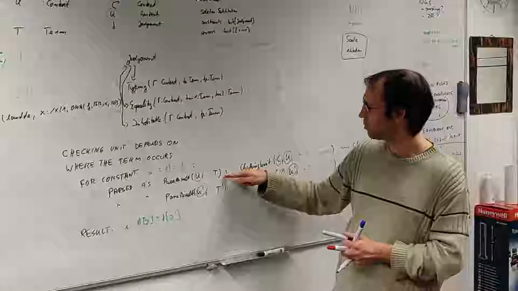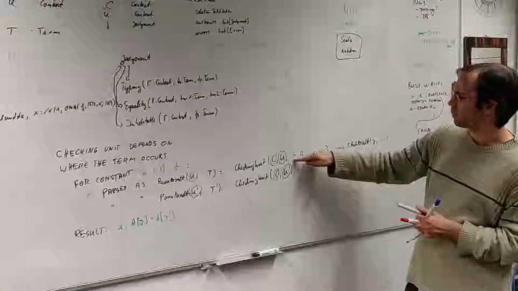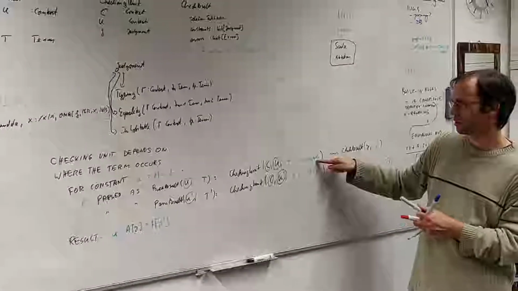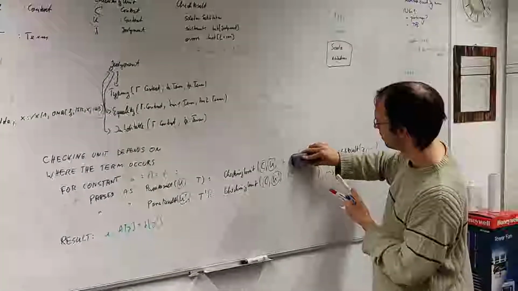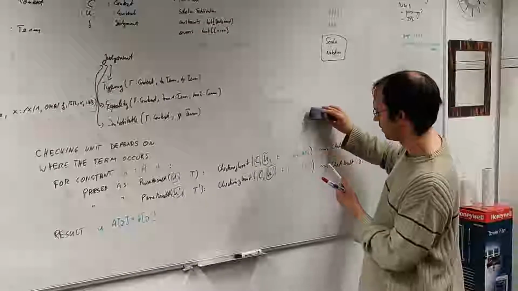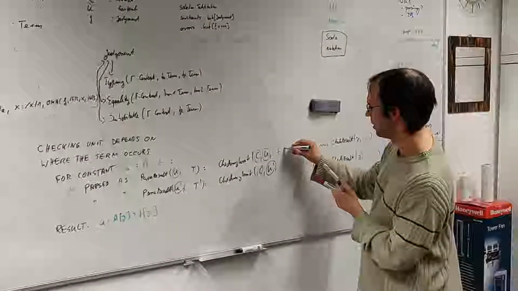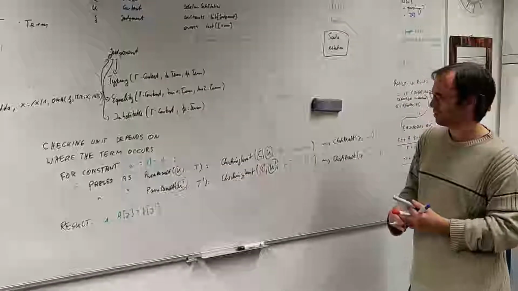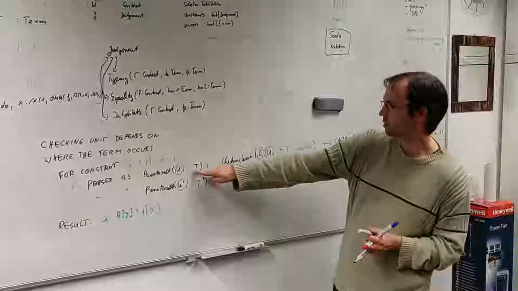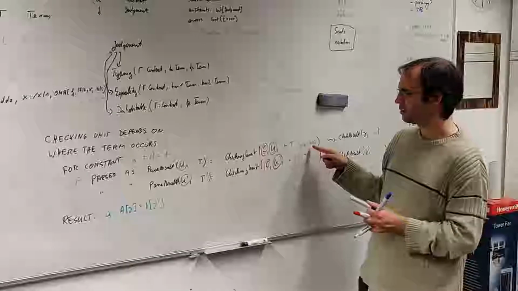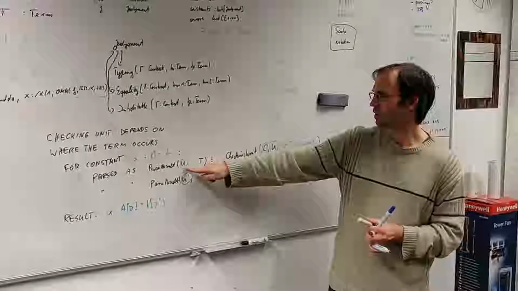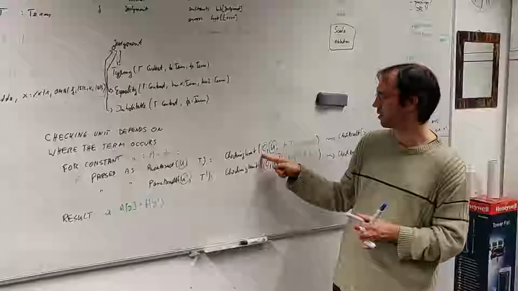First, we check the type, and to check the type, we check that it must be inhabitable. So we take the parse result T, check that it's inhabitable, and we provide the unknowns and the global context.